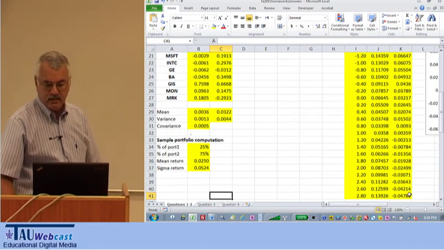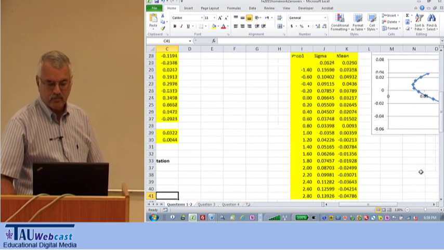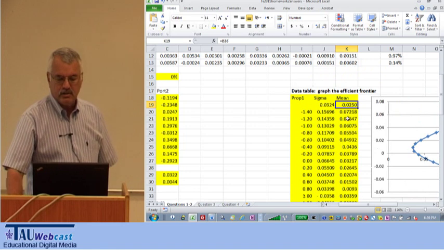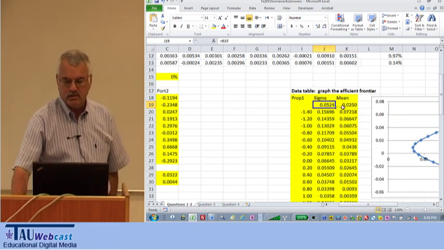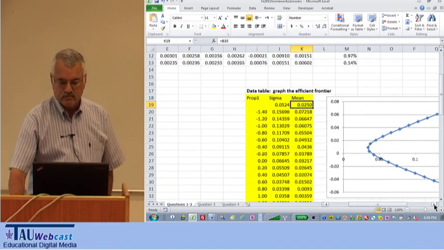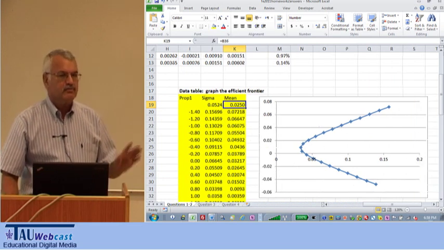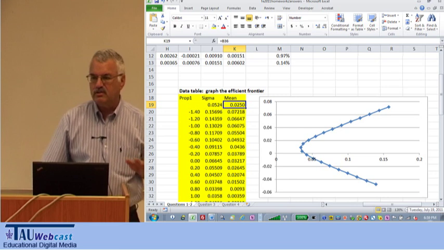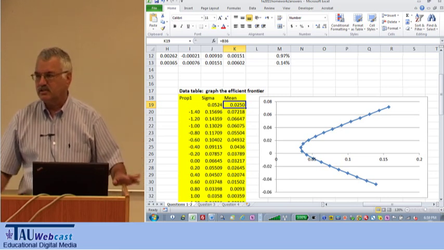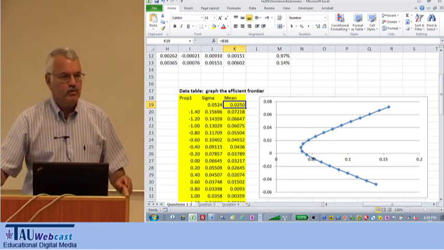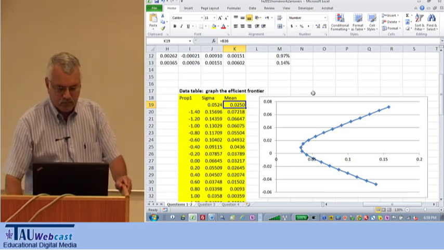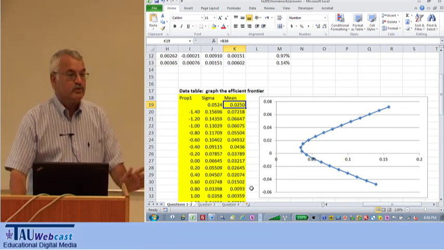And then I did a data table, and I graphed the mean and the sigma. And here's the graph, and you can play around with that. It always gives me great pleasure to see that from an arbitrary data set, you get this kind of curvature. So that was the first question.